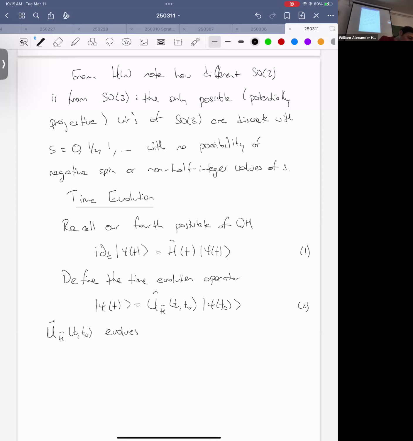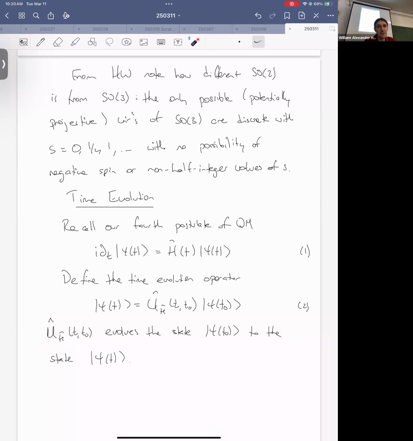So in words, U hat sub H hat of t, t0 evolves the state psi of t0 ket to the state psi of t ket. The notation is a bit heavy: the hat indicates that this is an operator acting on our Hilbert space, and the subscript H hat indicates that this is time evolution with respect to the Hamiltonian of the system.